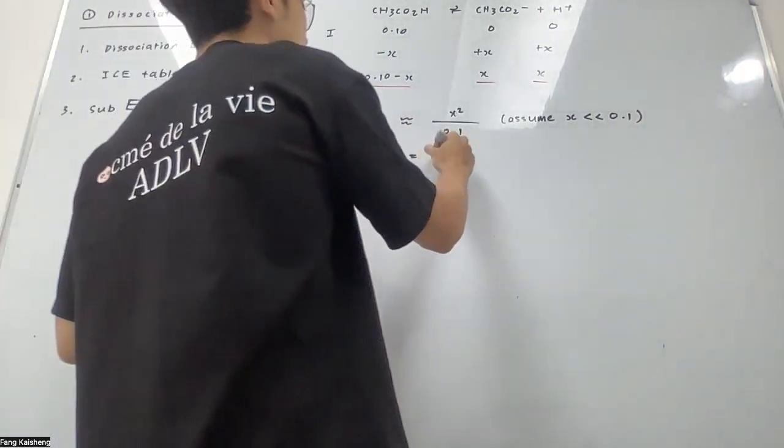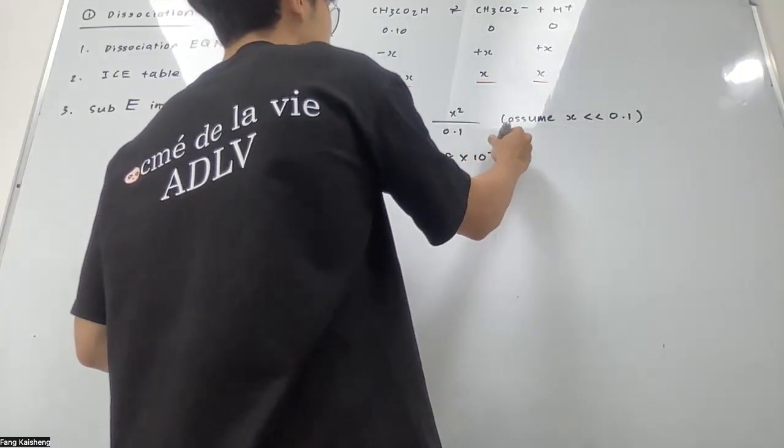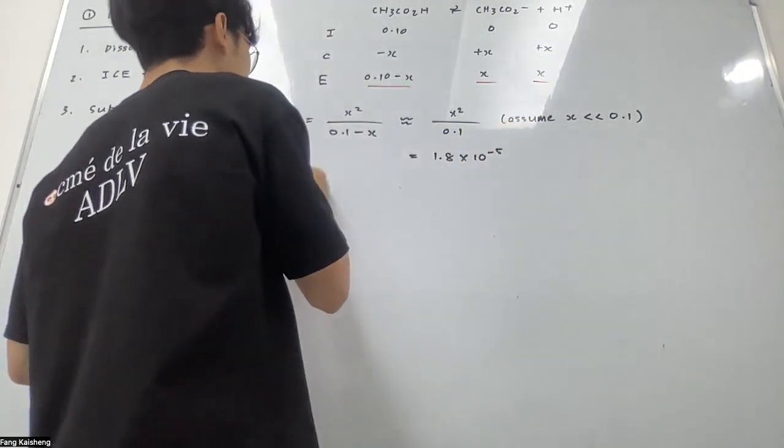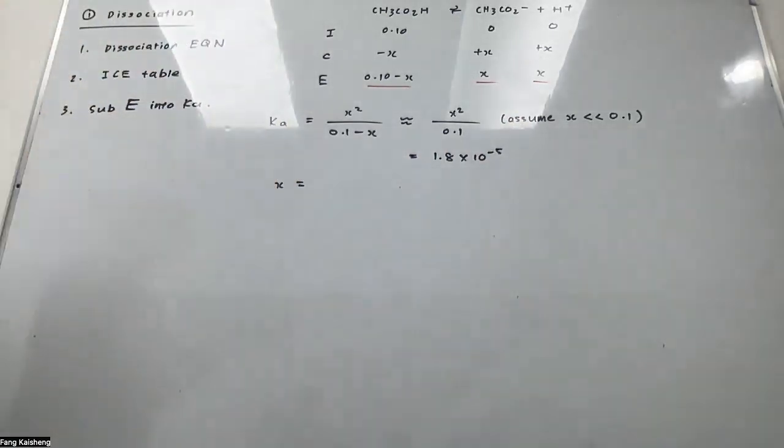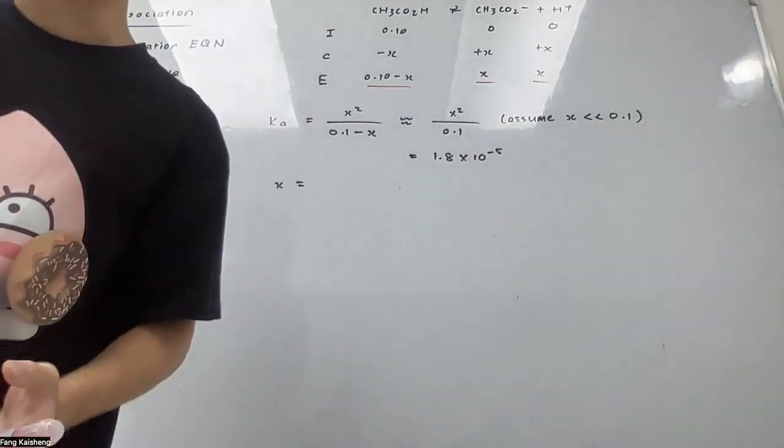Then now you can equate this to the value of Ka, which is what is already given to you guys. And I want you all to solve for x. Because by solving for x, you can find whatever the question is asking for. Okay, there's two parts to this question.